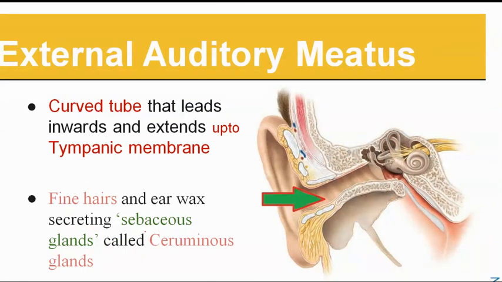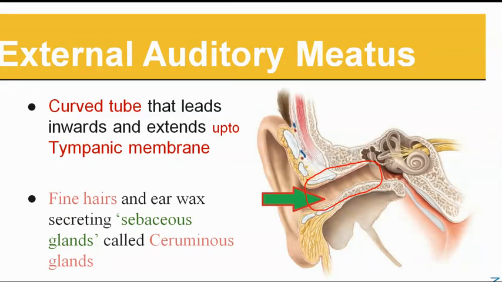The next part of the external ear is the external auditory meatus. So here you can notice the presence of a curved tube-like structure, which leads into the inner part, and at the end of it you find the tympanic membrane or tympanum, which is also called the eardrum.